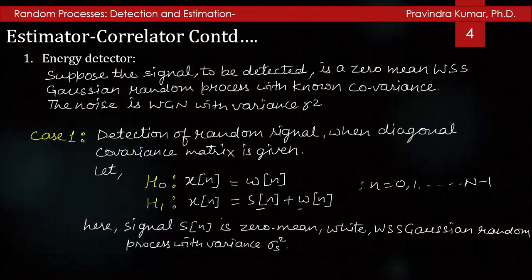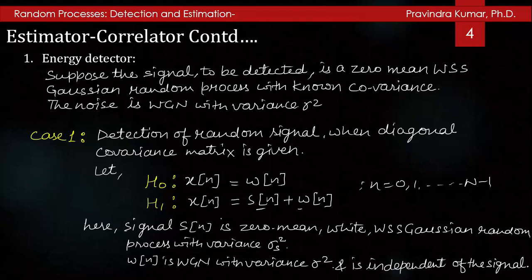Where s[n] is a zero mean wide sense stationary Gaussian random process with variance sigma s square, and w[n] is white Gaussian noise with variance sigma square, independent of the signal.